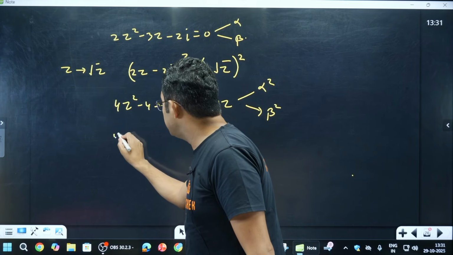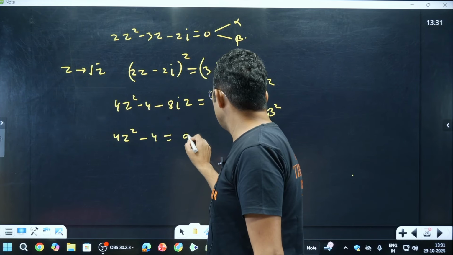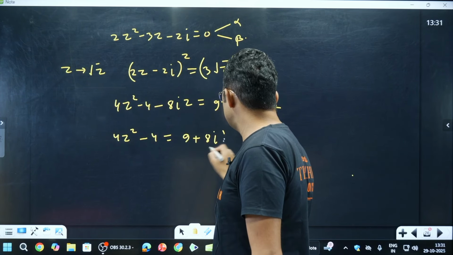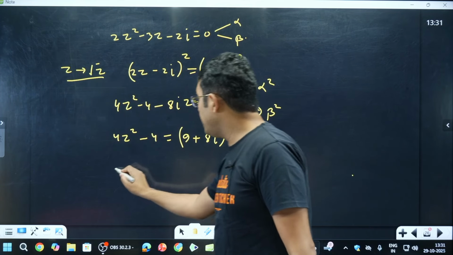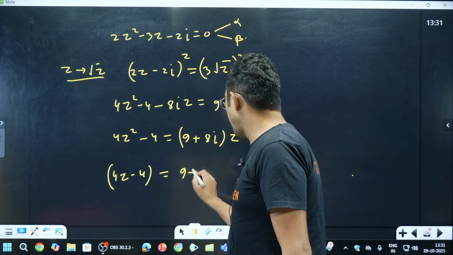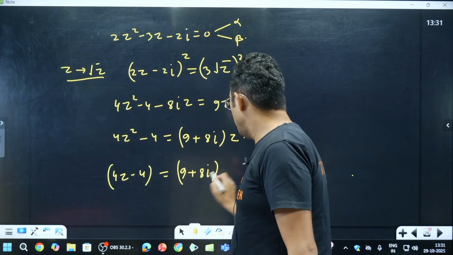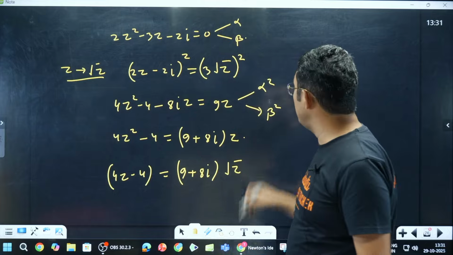So I write this as 4z square minus 4 is equal to 9 plus 8 iota z. Now once again use the same transformation. I write it as 4z minus 4, and that will be equal to 9 plus 8 iota into root z. Then its roots will become alpha power 4, beta power 4.